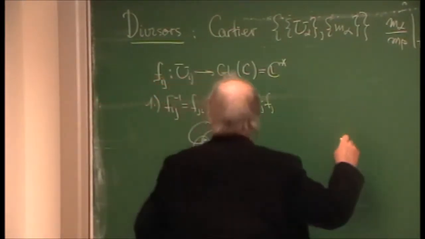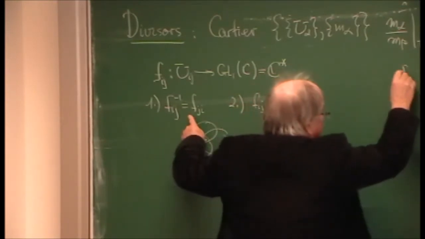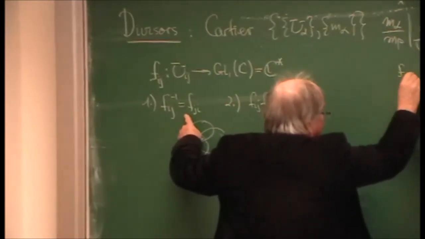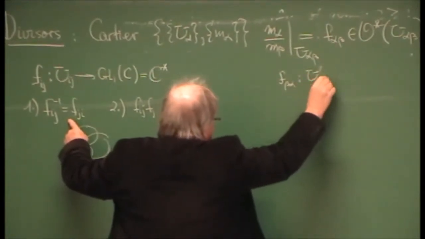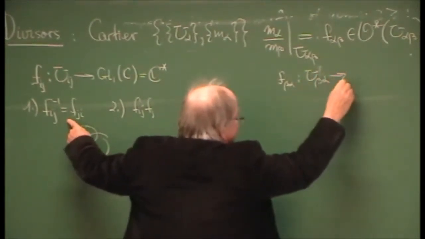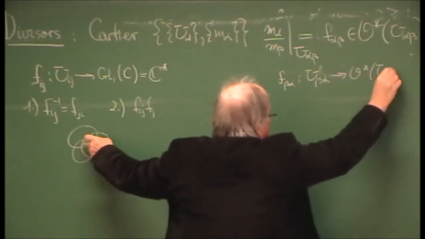I mean, I really mean, so f alpha beta, f beta alpha, if you like, is from U beta alpha, regarded as a map.